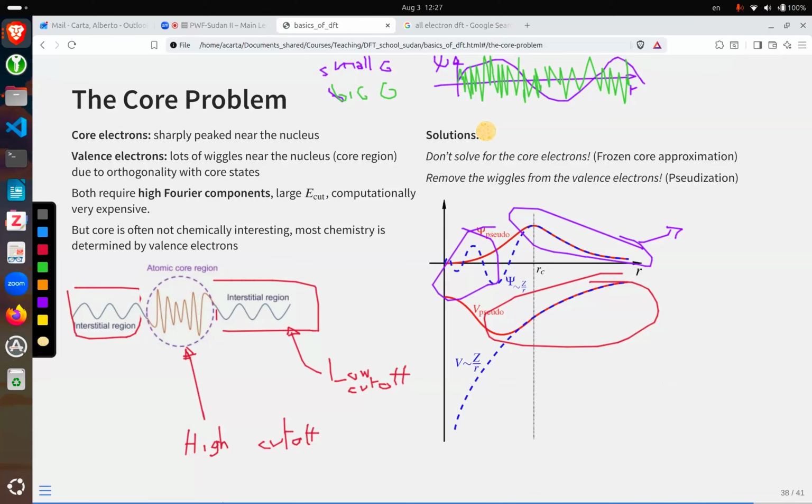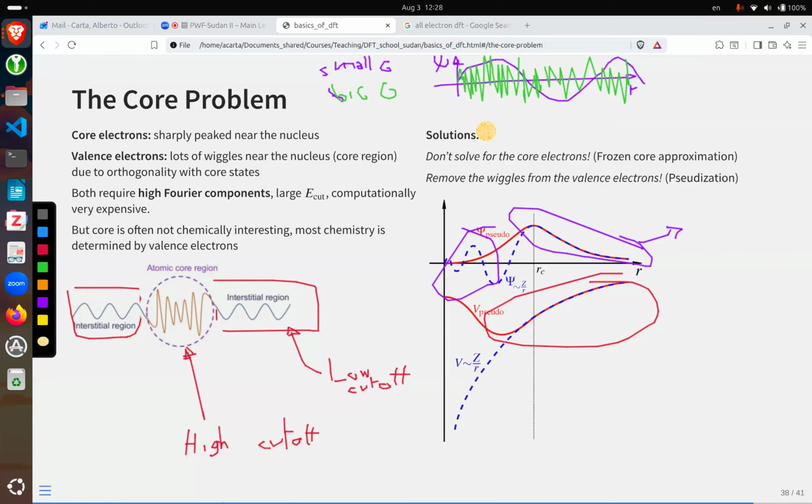I want to ask a question about this graph also. I know that RC divides this sketch, right? The interstitial region will be higher than RC, right? Yes. And the atomic core regions will be less than RC, right?